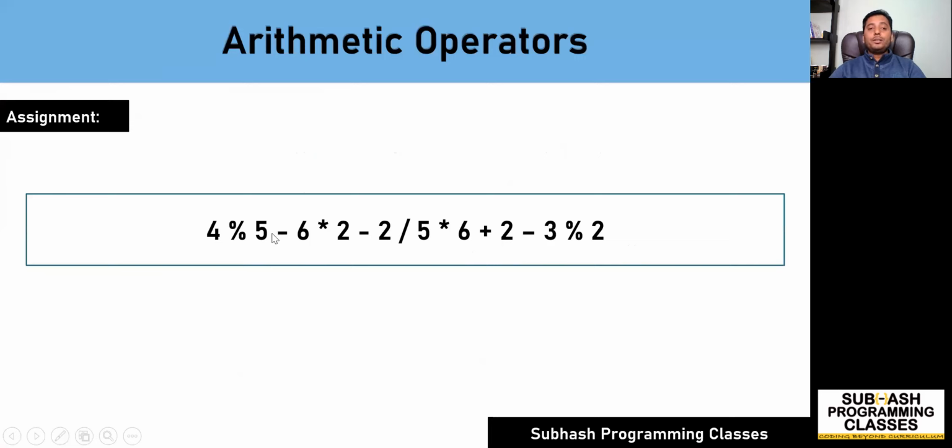So using the priority rule as well as the associativity rule, I want you to solve this expression, and I want you to post the answer in the comment box below so that I can see how many of you have got the right answers. Okay, so pause this video now and please do it right now. Grab a pen and a paper and scribble it out, and once you get the answer, please do post it in the comment section below.